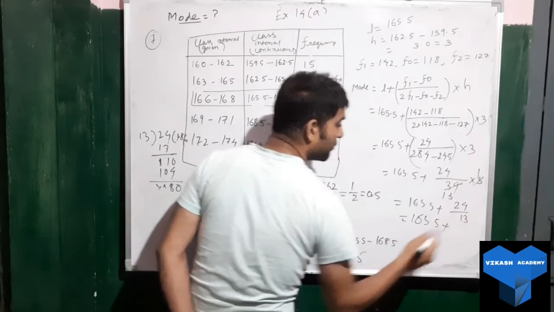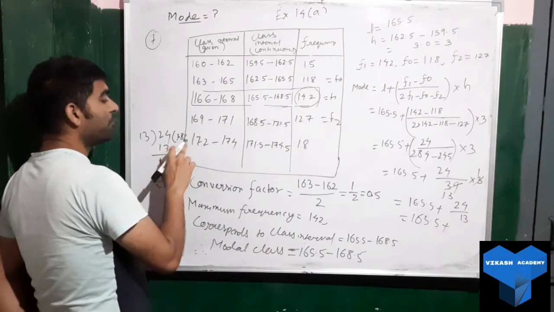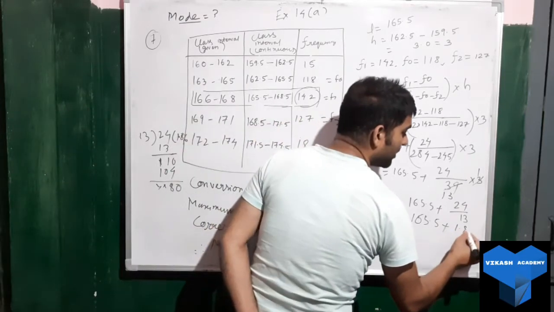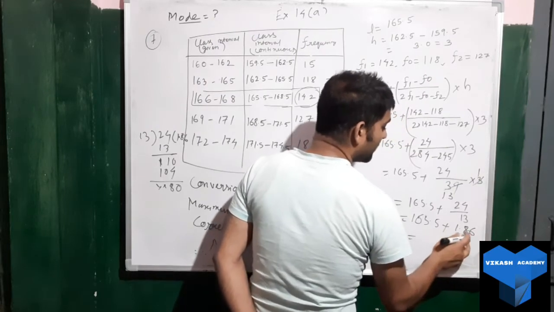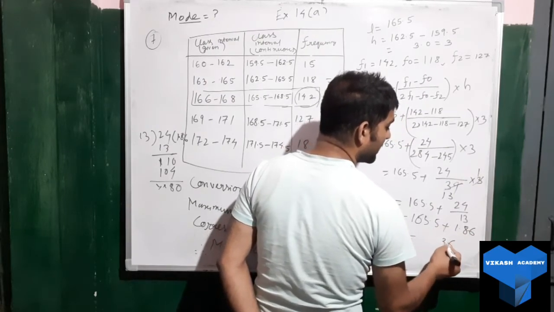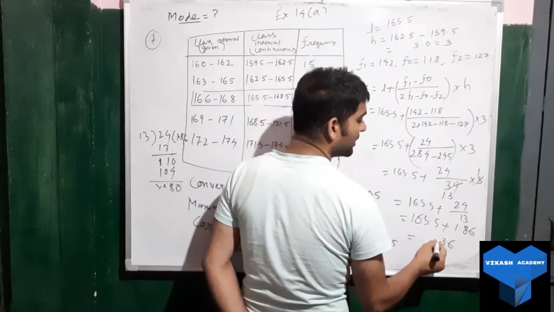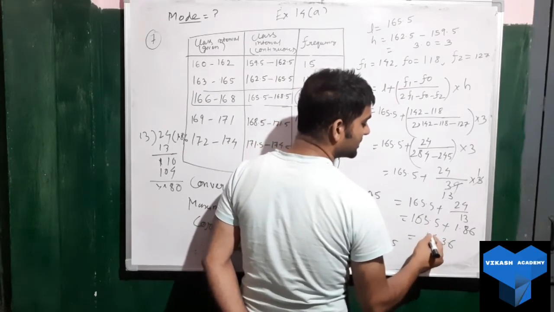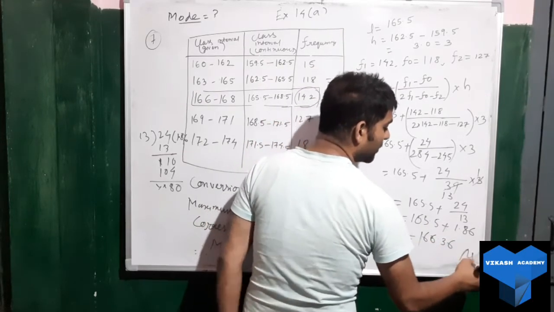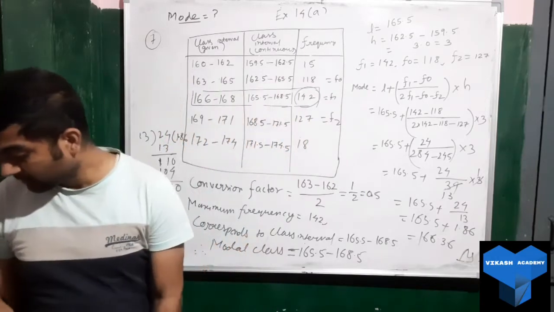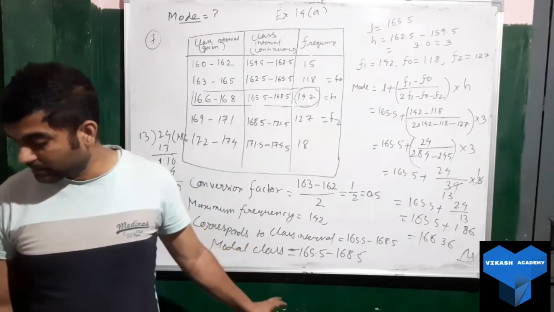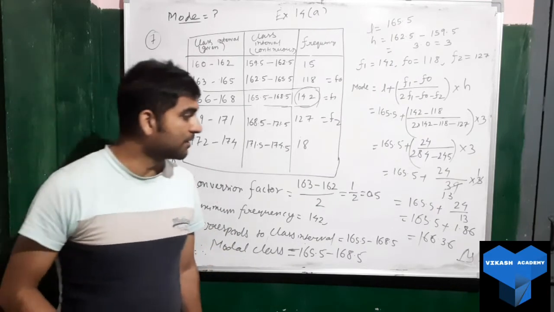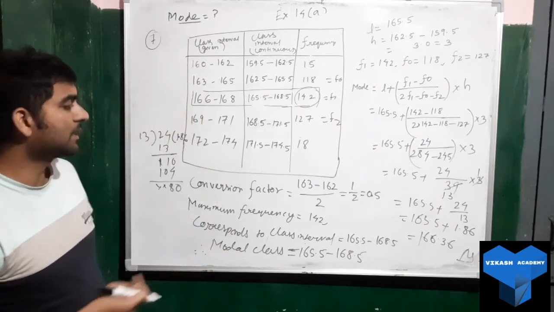So we take 165.5 plus 24 by 13, we are getting 1.86. Let us add it nicely.